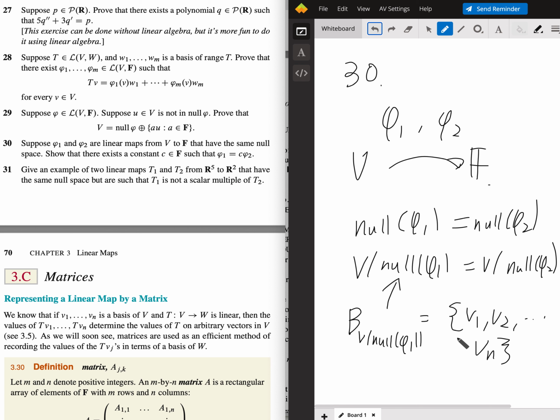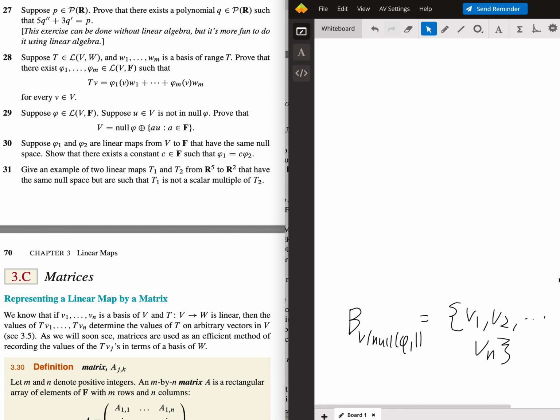So let's say that you map some arbitrary element which is inside of this space. Then it can be written as a linear combination.